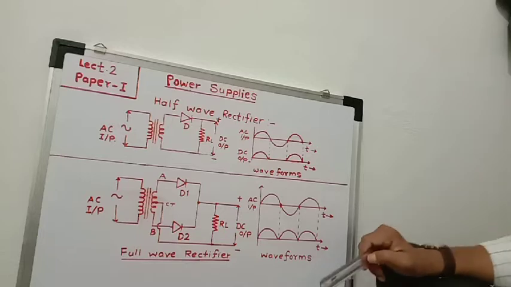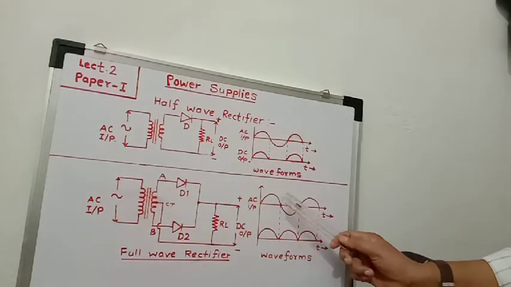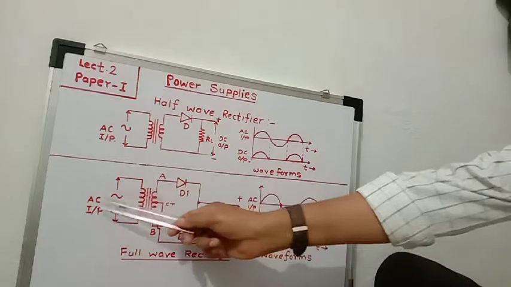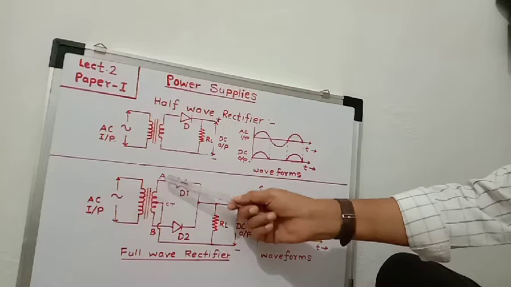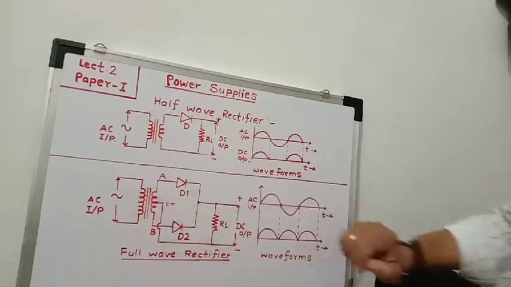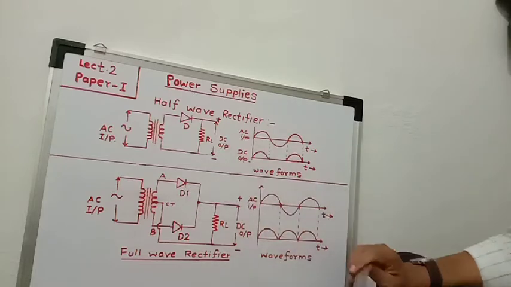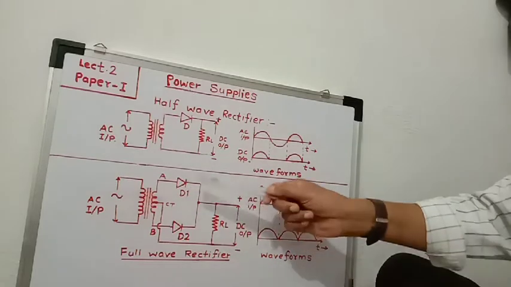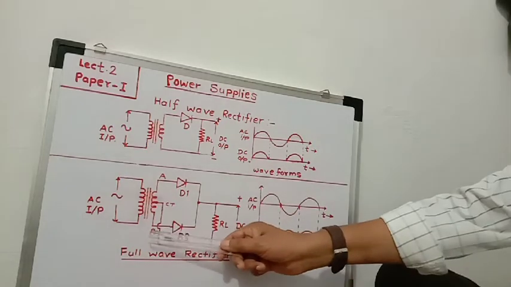So during the positive half cycle of this AC input, let terminal A become positive with respect to the center tap, then terminal B will be negative. Therefore, diode D1 is forward bias, and at the same time diode D2 will be reverse bias because terminal B is negative.